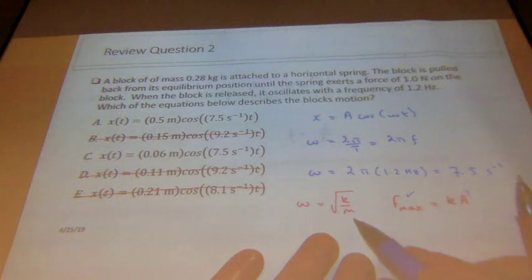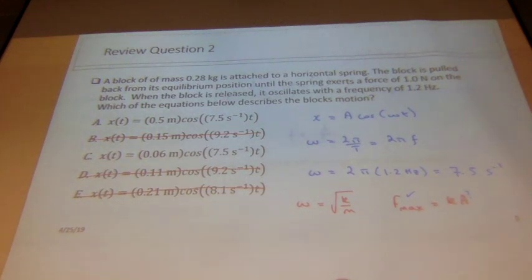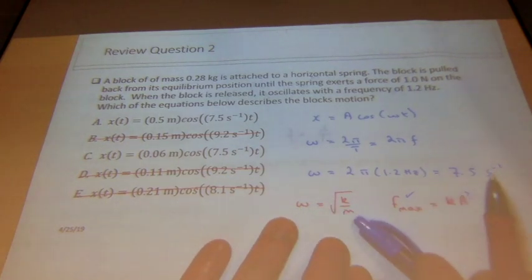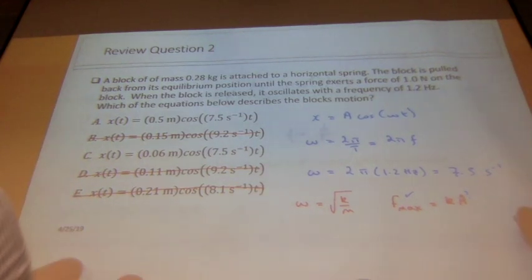I have omega and I have m. That's the golden ticket. That's when it clicks for me. I've got to solve for k in terms of omega and m, and then solve for A. Those are the algebraic steps to get to the right answer. This would have been a very good, challenging free response question, I think, now that I see it.